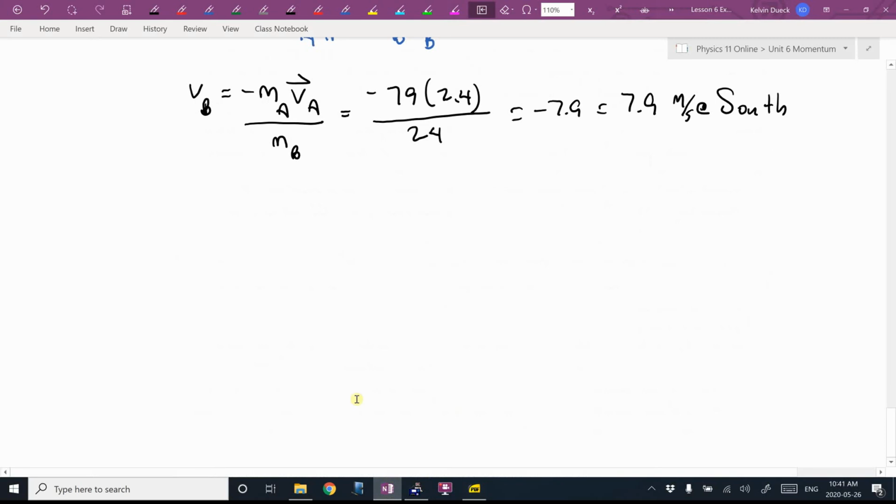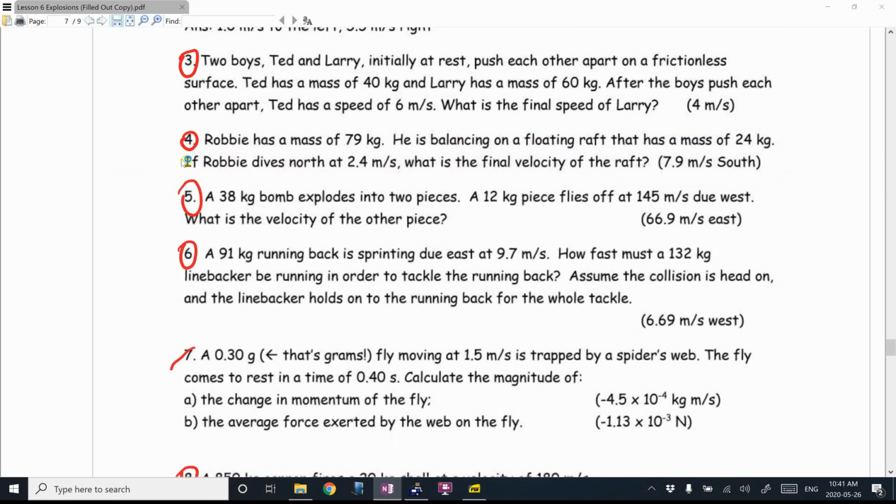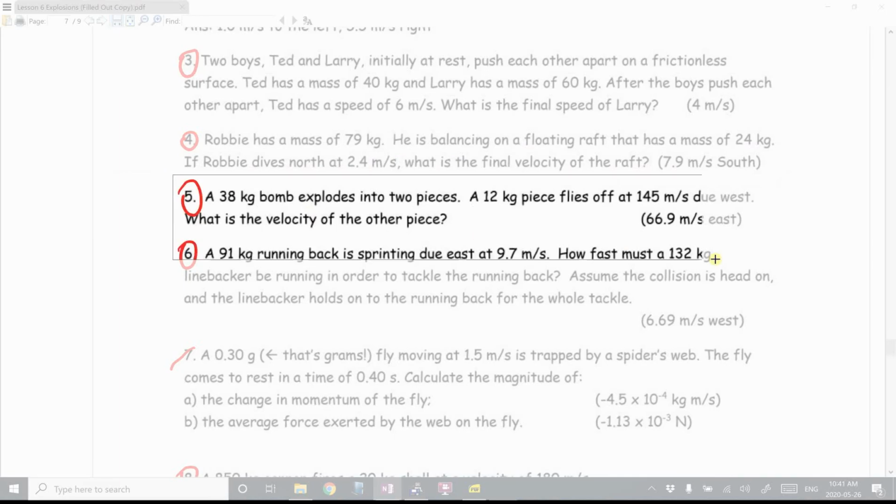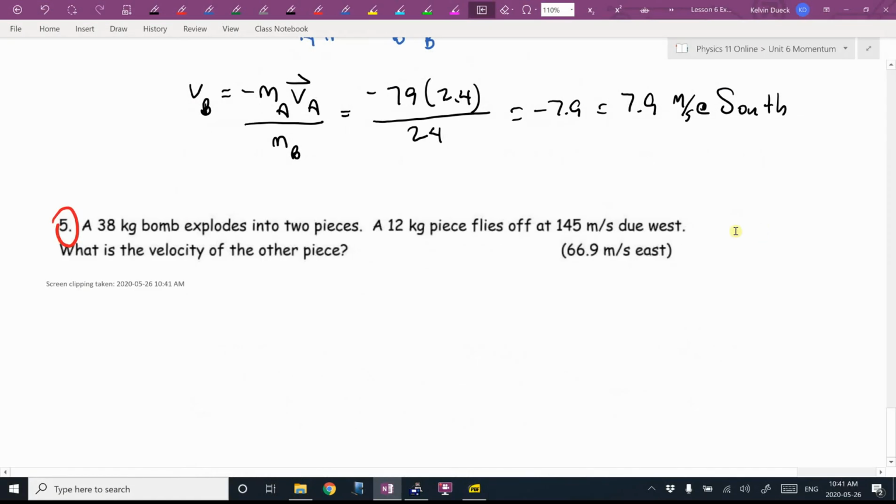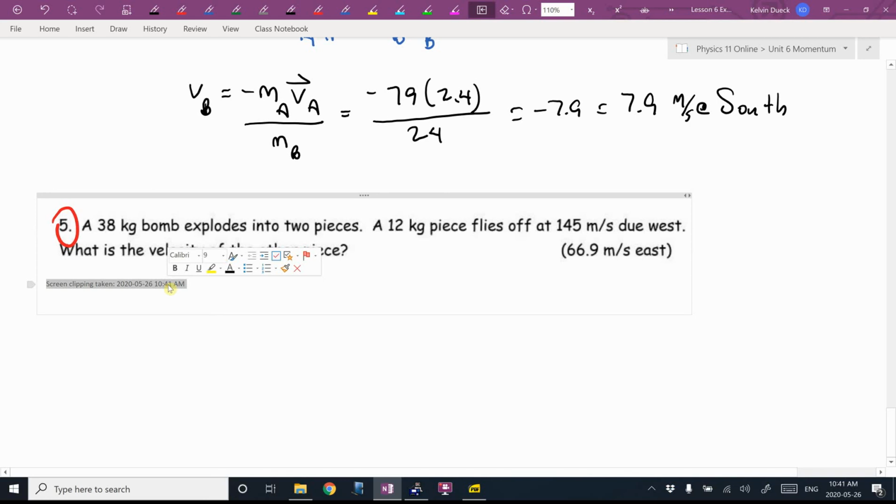Number 5. A bomb explodes into 2 pieces. A 12-kilogram piece flies off at 145 meters per second due west. What's the velocity of the other piece? This is the same question that we just finished doing because let's assume before the explosion that they're both at rest.